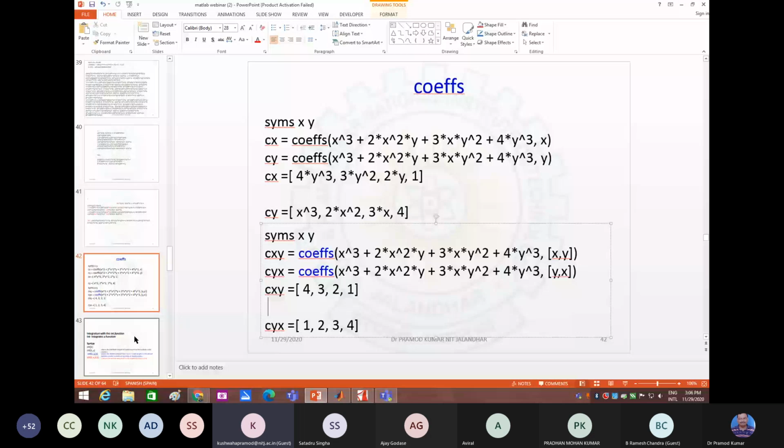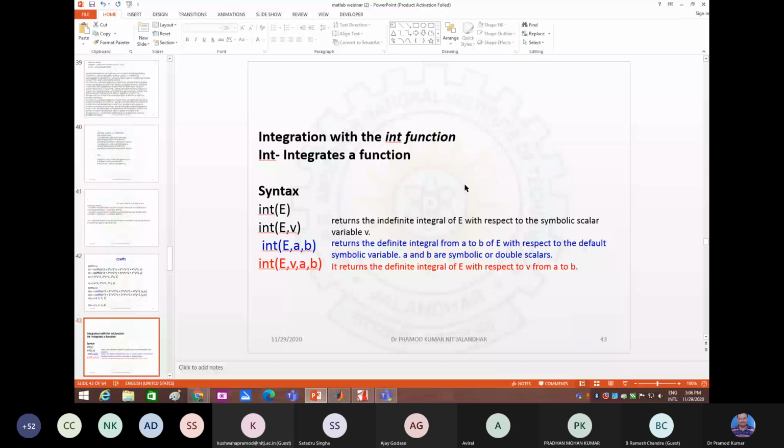Now, the integration. Integration, you all are familiar that how we do the integration. But here it is very simple. Whatever you want to do the integration, you just use the int command. Int, it is a general command which will integrate any expression.